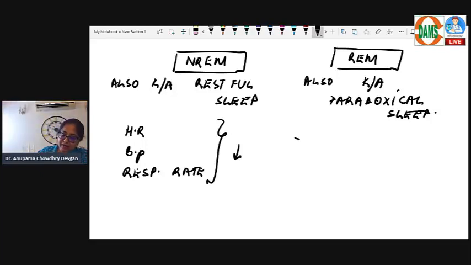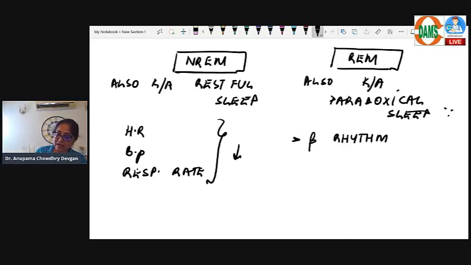Why is it known as paradoxical sleep? Because, number one, in REM you get beta rhythm. What is beta rhythm? It is recorded when you are awake and alert. Here you are sleeping and you're still recording a beta rhythm.